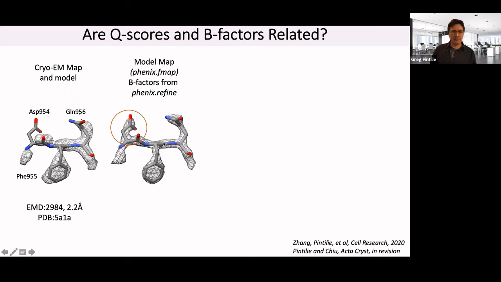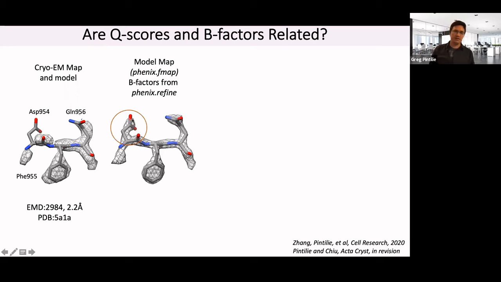So this contour, this surface, shows a model map, or a map calculated from the model using Phenix fmap. With Phenix fmap, it takes the position of each atom and applies some scattering factors, and then it also applies a B factor.